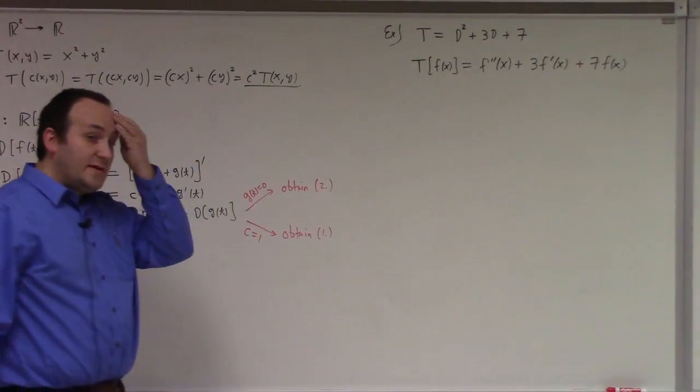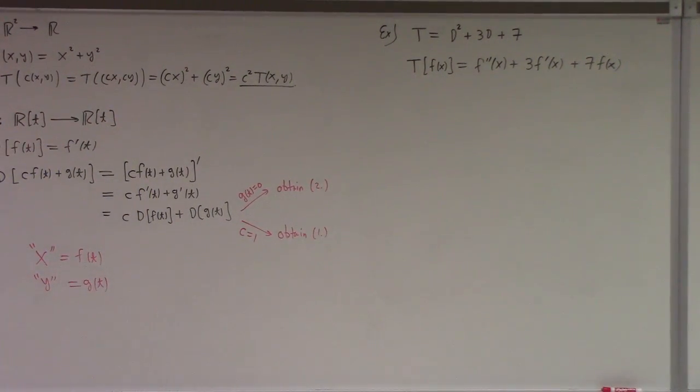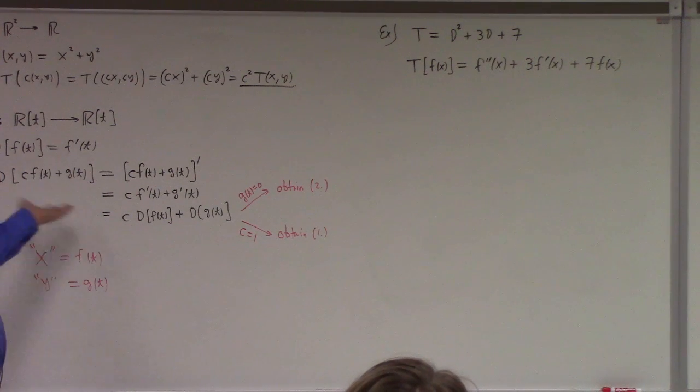This would be a linear transformation on functions defined in terms of a second derivative, a first derivative, and just multiplication by 7. You can also prove that that's a linear transformation. So, goodness gracious, you can take arbitrary compositions of derivatives and multiplications by numbers of functions. These give you linear transformations.